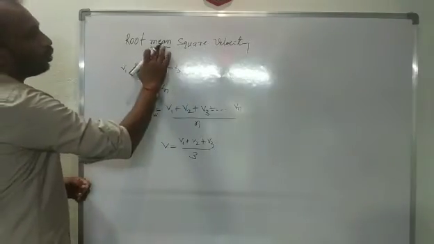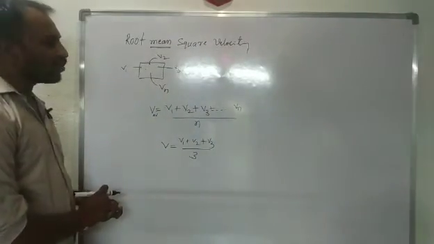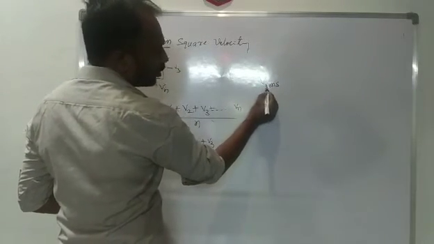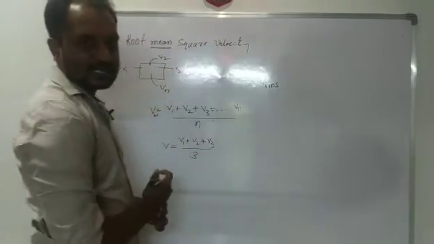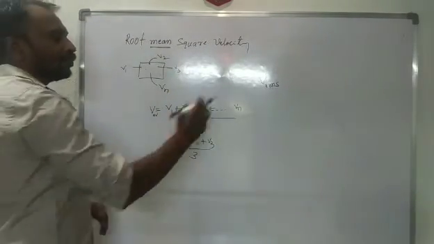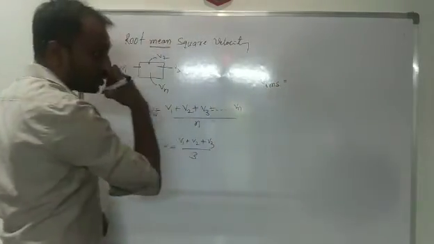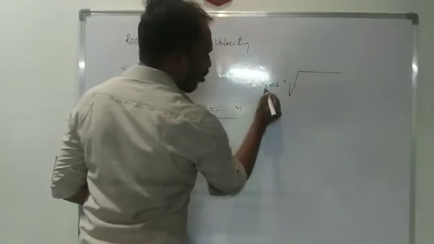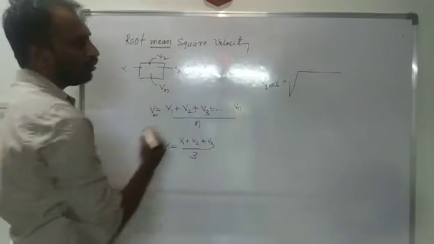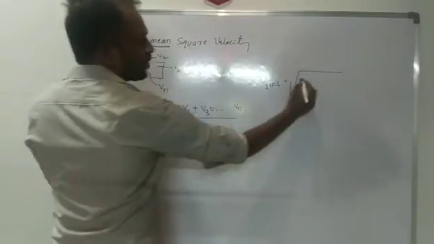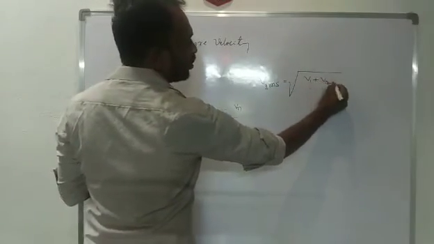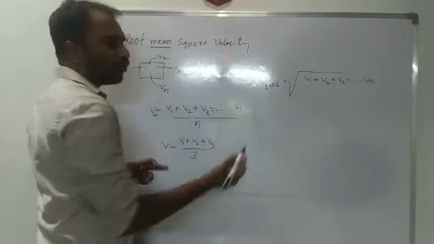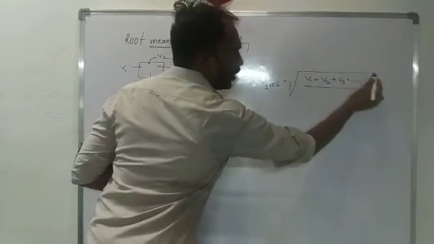Okay, so now root mean square velocity, V_RMS. RMS velocity is equal to the square root of the mean. The mean is v1 plus v2 plus v3 and so on up to vn, divided by n.